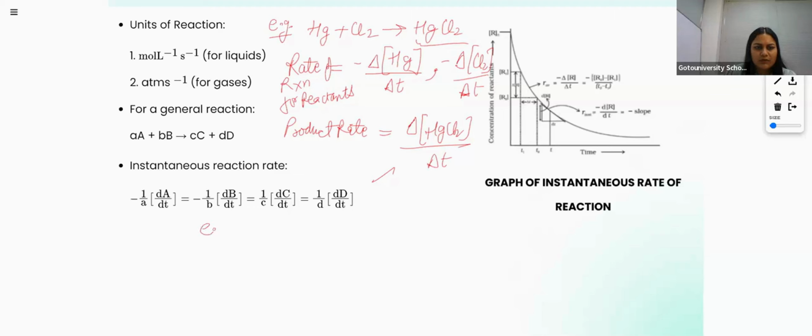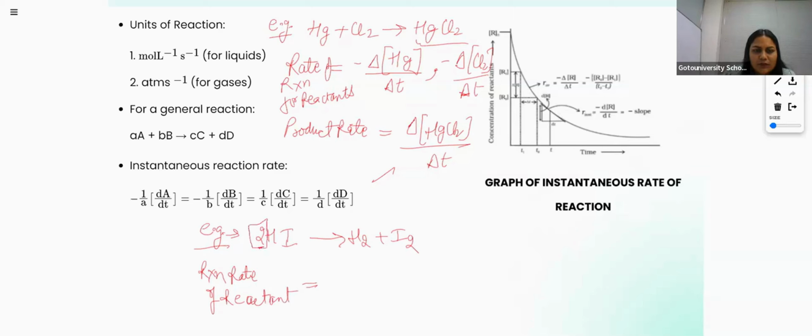This was a simple example. Let us do one example with a stoichiometric coefficient. Let's see if you are able to write the rate of chemical reaction equation for it. Let's take an example of 2HI giving rise to H2 and I2. Can you write the rate of chemical reaction for this? The reaction rate of reactants would be what?